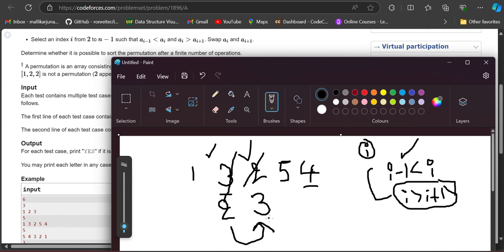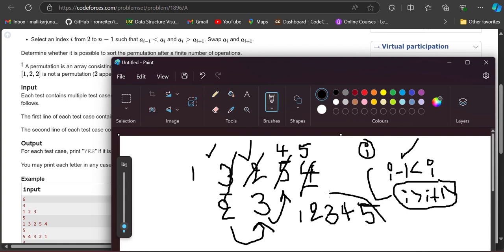No. So increment i. 3 is less than 5, yes. 5 is greater than 4, yes, so swap it now. It becomes 4 and 5. So now the list is 1, 2, 3, 4, 5. Yes, it is sorted. So that's why for this, true is the answer.